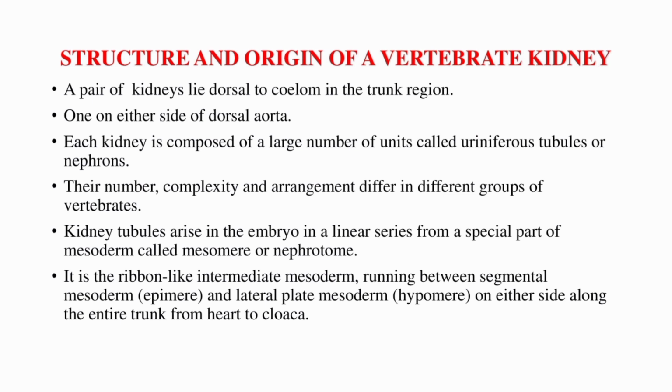Kidney tubules arise in the embryo in a linear series from a special part of mesoderm called mesomere or nephrotome. It is a ribbon-like intermediate mesoderm running between segmental mesoderm and lateral plate mesoderm on either side along the entire trunk from heart to cloaca.